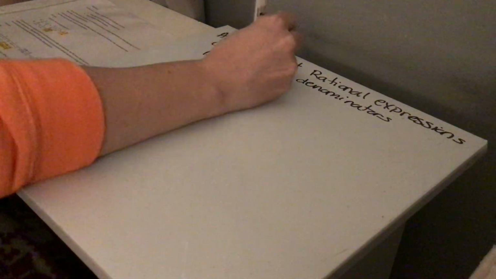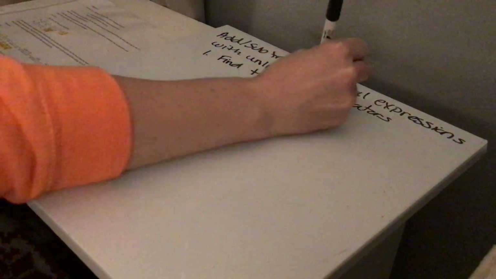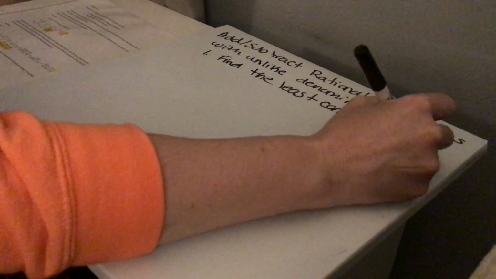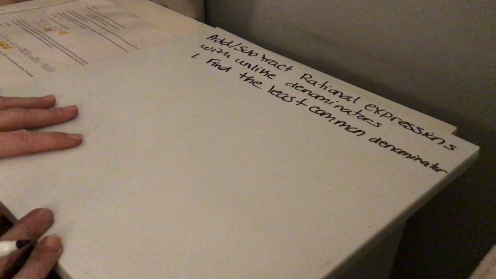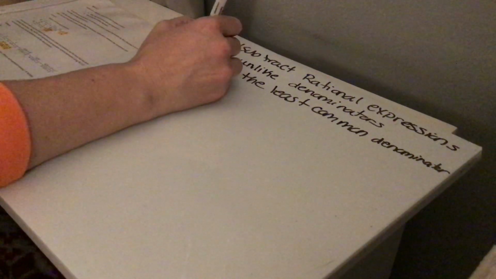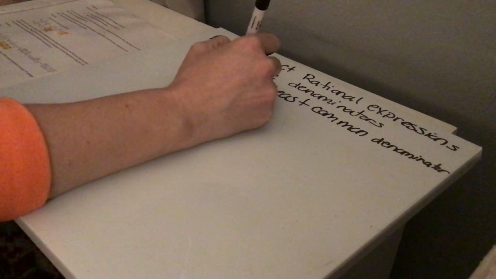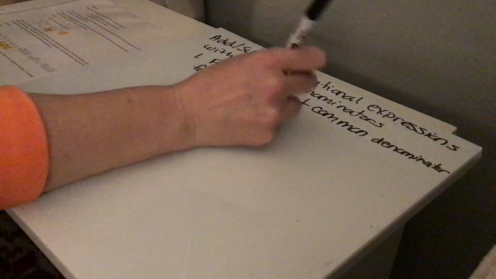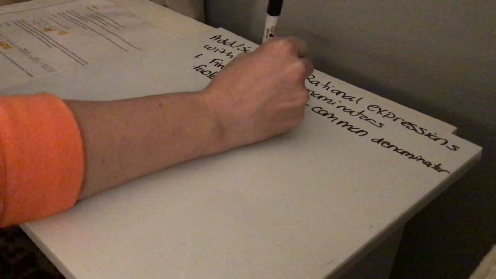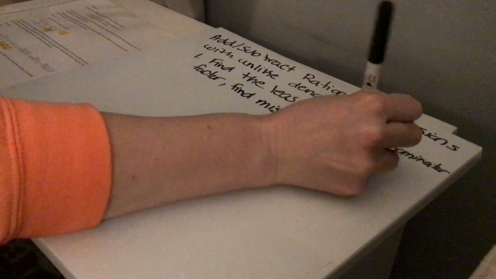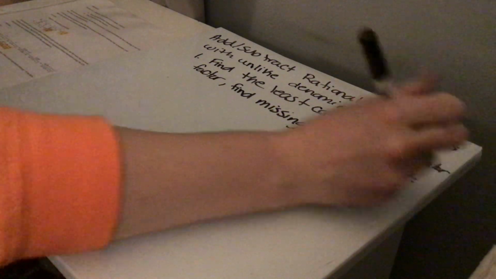The very first thing you need to do is find the least common denominator. Right? So to find the least common denominator, you want to factor as much as possible, then find what's missing, and multiply.